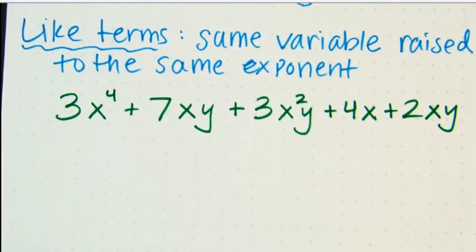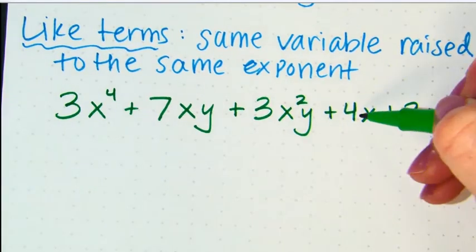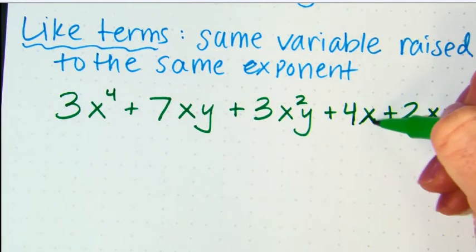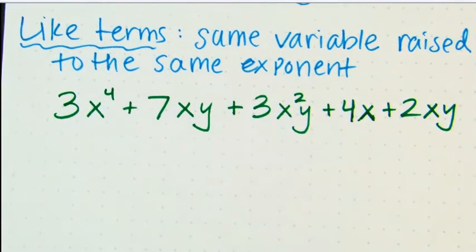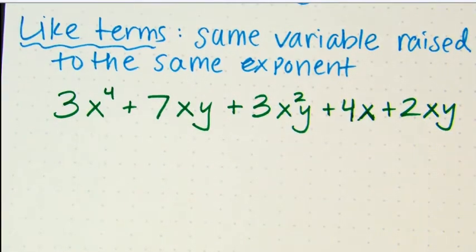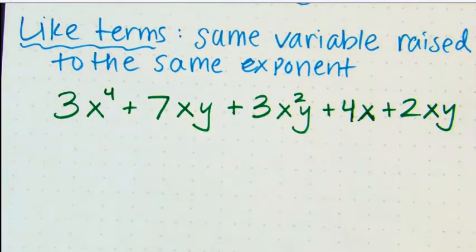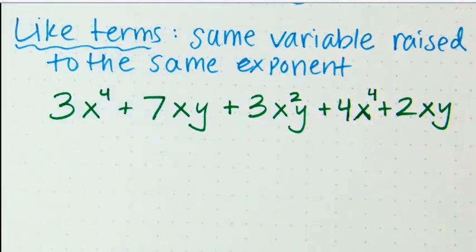So look at that big long expression. We're not actually going to combine them. We're just going to identify the terms that are alike. Make that 4x to the fourth. So add a little fourth up top.